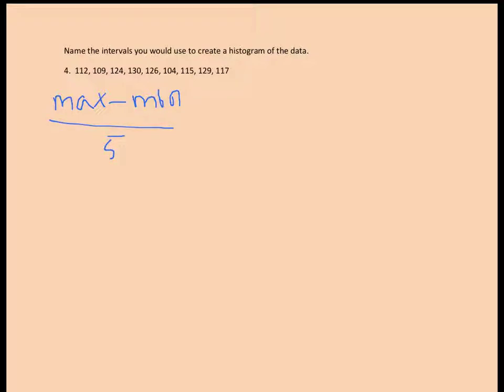So if we do that here, what's our maximum value? 130. What's our minimum? 104. So 130 minus 104, 26 divided by 5 is approximately 5.